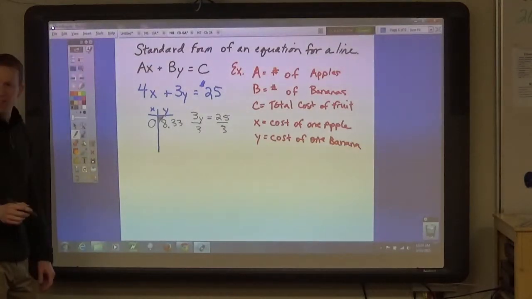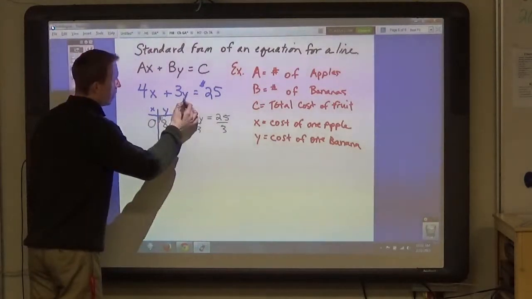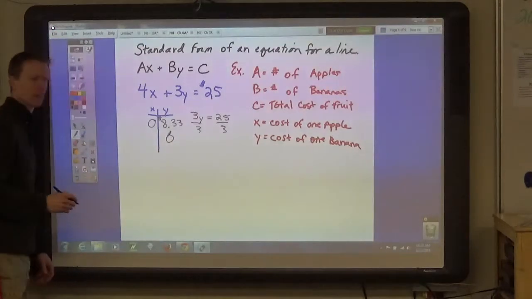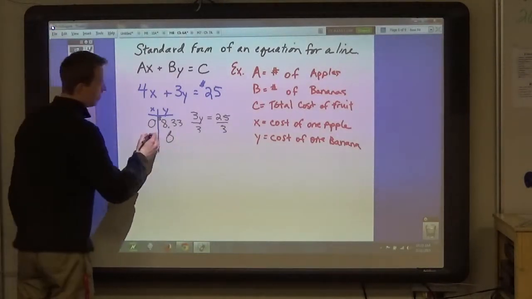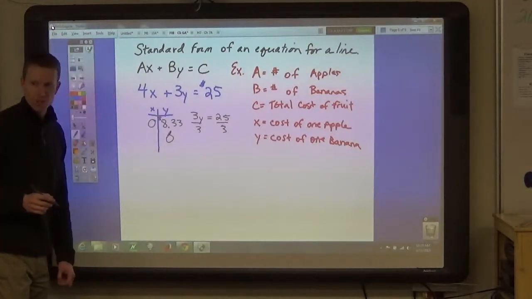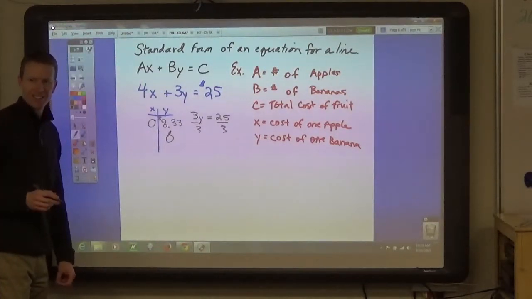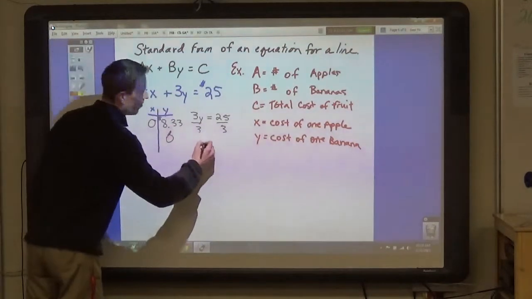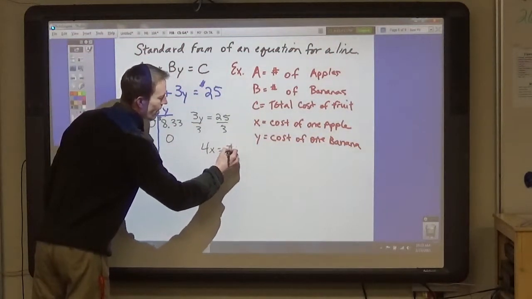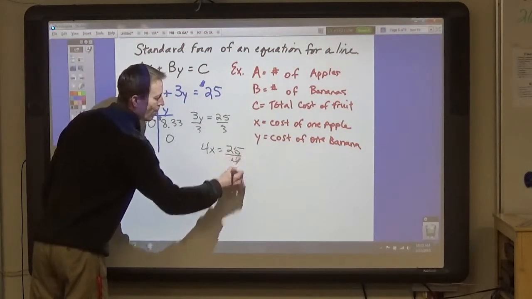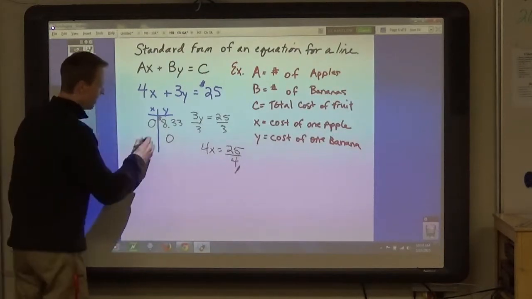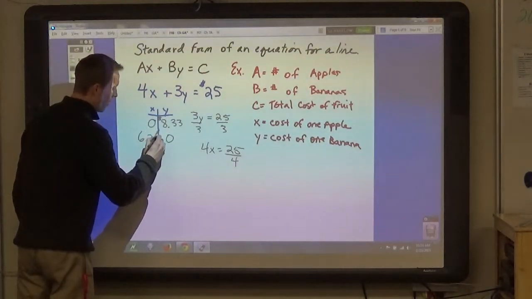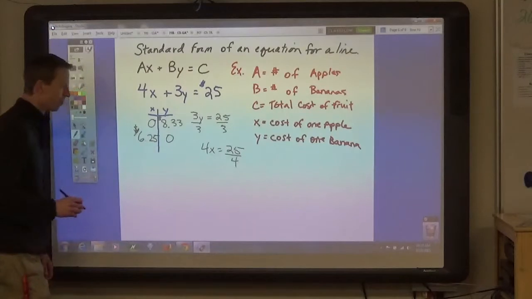Okay. And if y is 0, then 4x equals 25. 25 divided by 4 is 6 and 1/4. I was thinking 6.25. Right?